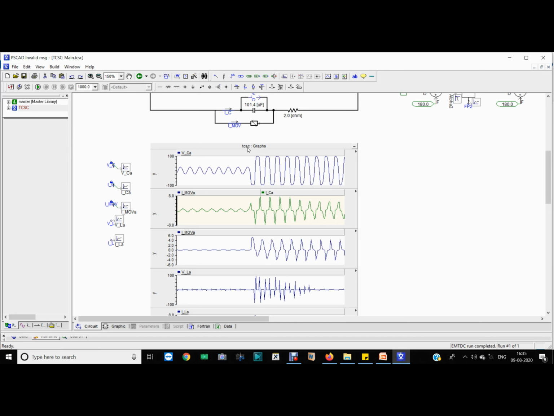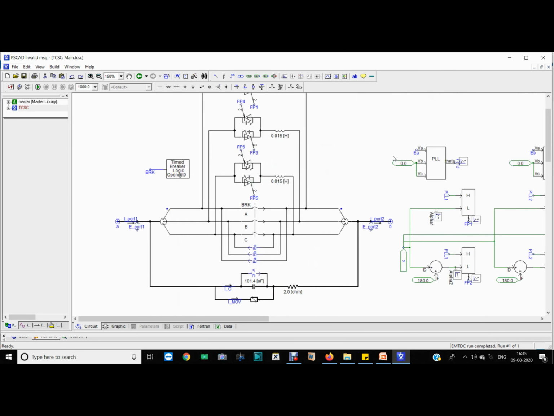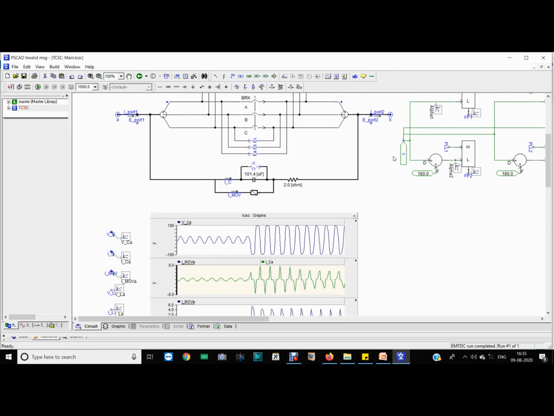So greater than 50, means 50 into whatever to make it three phase. This is the voltage, and beyond this voltage the capacitor will not cross, to avoid damage, right? So this is the operation of TCSC.